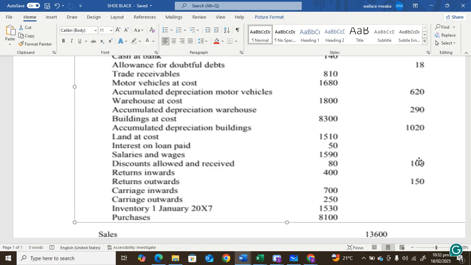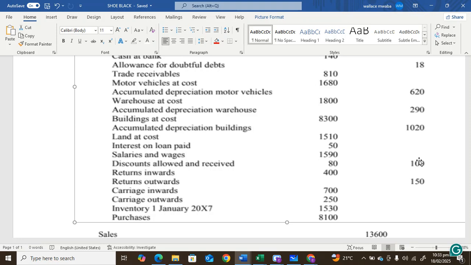Okay, remember. Yes? Since it's an income to the company, remember, according to the double entry rules, income and revenue increase with credit.